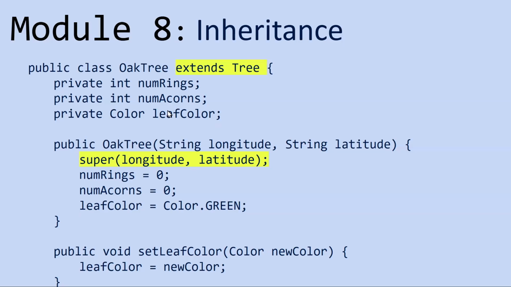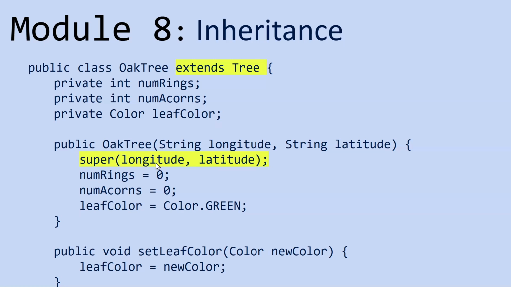Cool. And then of course, make sure instance variables are private, because we don't want other classes to be able to change the number of rings our oak tree has. And so now we have public OakTree, and it happens to have the same parameters as the superclass. But if you would like it to have different parameters, feel free. The constructor for the subclass doesn't have to have the exact same parameters as the superclass.